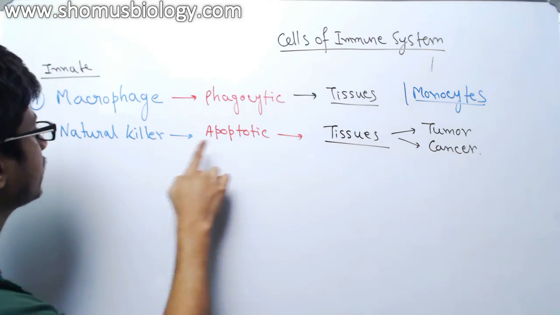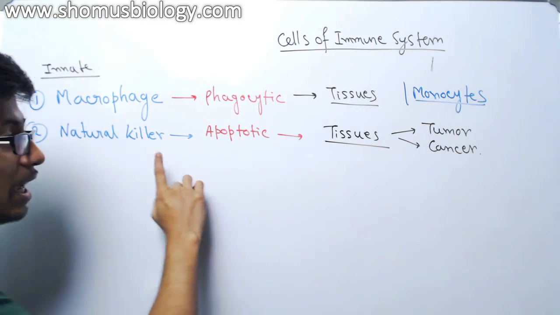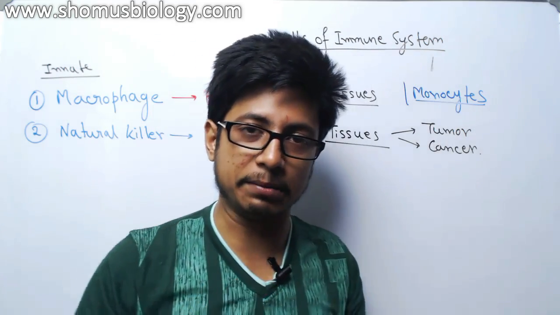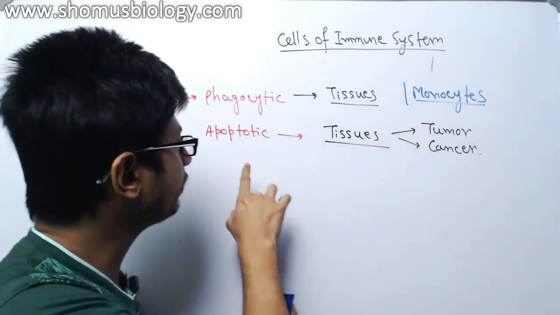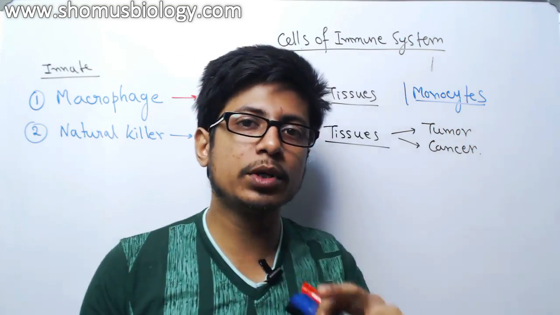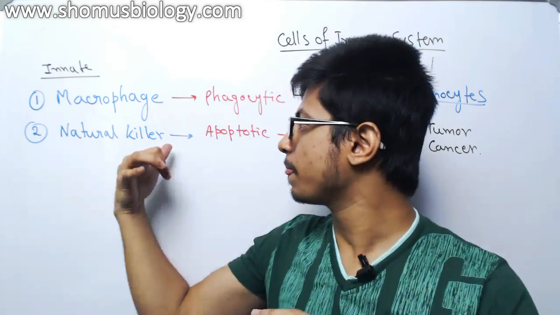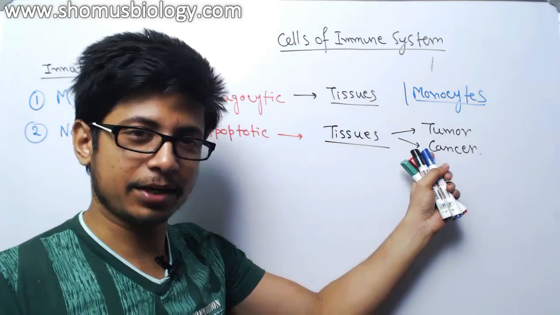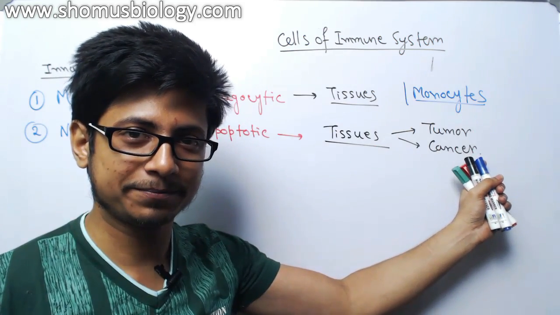Those things can be detected easily by the natural killer cells. Once they find those changes, they'll start secreting perforins, granzymes. Those secretions ultimately lead to the apoptosis of that target cell. So the apoptotic nature of this natural killer cell helps us to fight against tumor cells and ultimately cancer cells in our body.